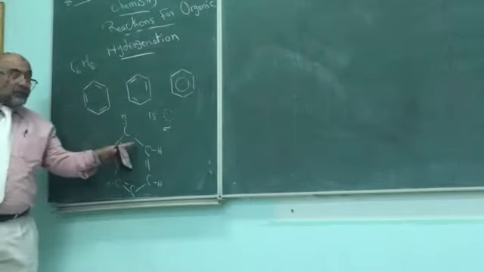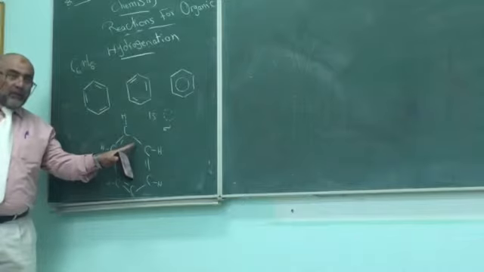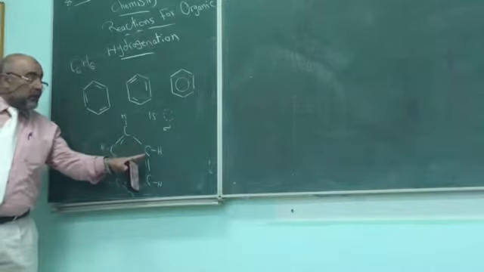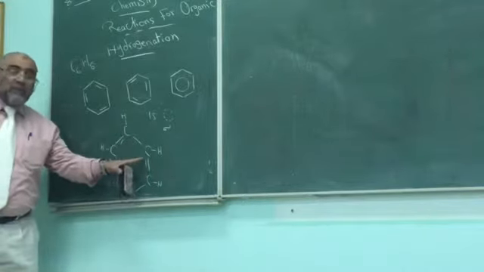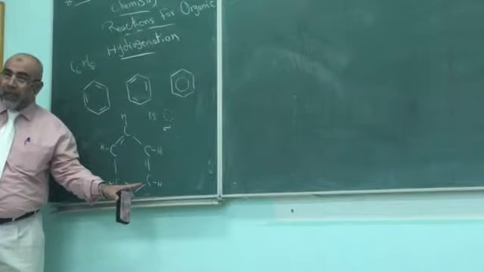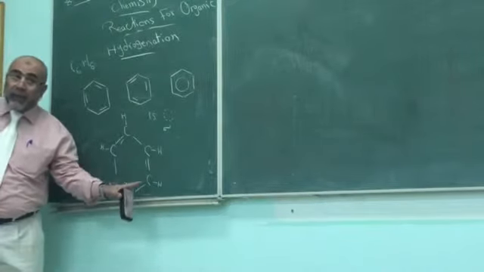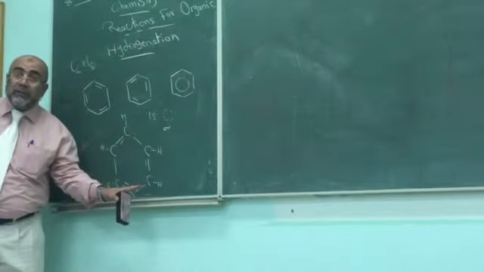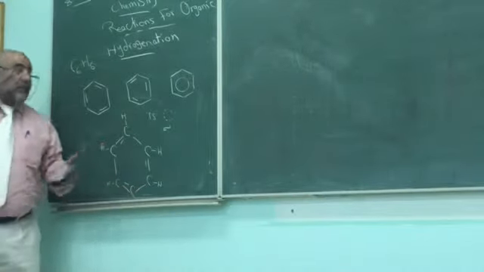But between carbon and carbon, we have here a sigma bond. Between this carbon and this carbon, we have sigma and pi. 1 sigma, 1 pi. Okay? 1 sigma, 1 pi. Mr. Keshava? Done? Okay.